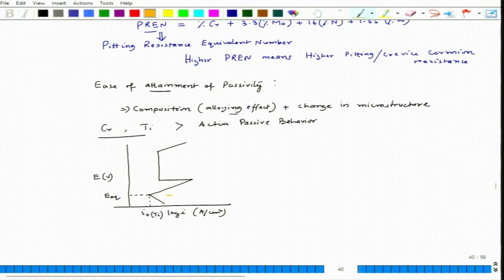Up to this zone everything is anodic, and this is active. Then beyond this point to this point, this is passive, and then beyond this point we have transpassive. Let me just put it in strong color.